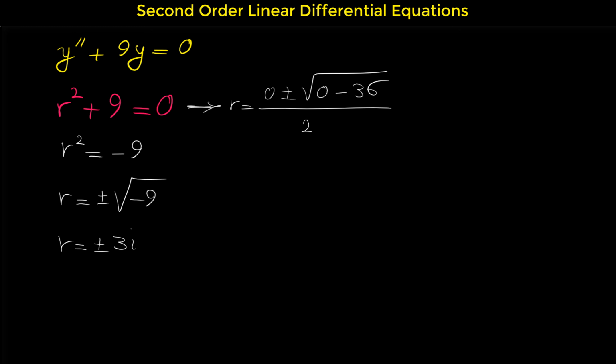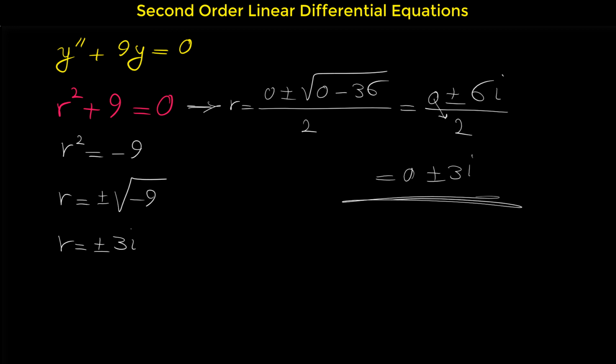Over 2a, which is 2. So this equals 0 plus minus the square root of 36, which is 6, so we can write this as 6i. Don't forget we have a negative here, which shows that we have to put i here, over 2. 0 over 2 is 0, plus minus 6i over 2 is 3i. The same solution.